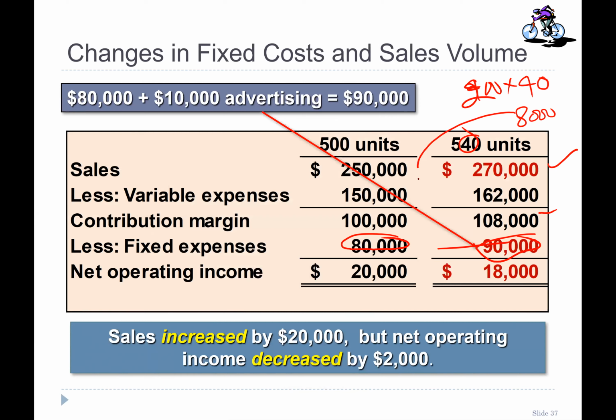But the increase in monthly budget is 10,000. The answer would be a loss of 2,000. Right?